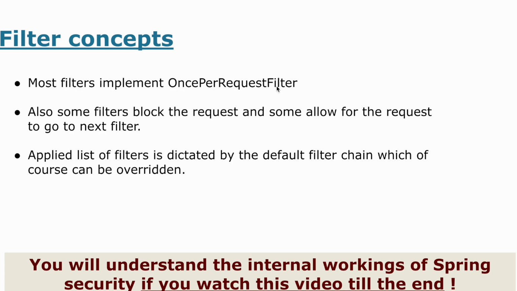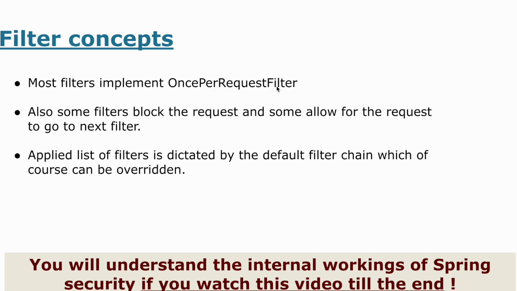So they do not block the request. The applied list of filters is dictated by the default filter chain, which we will also see, and of course you can override it, which we have also seen in the other videos of this series. If you configure a SecurityFilterChain bean in your web security config, then you can override the filters.